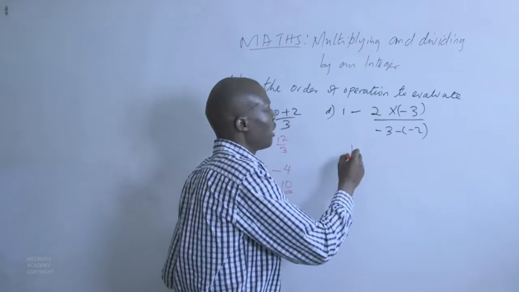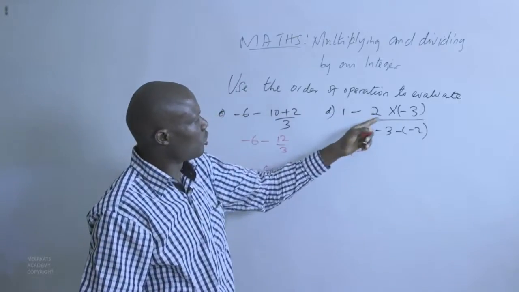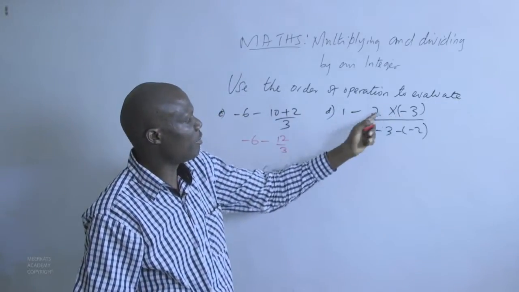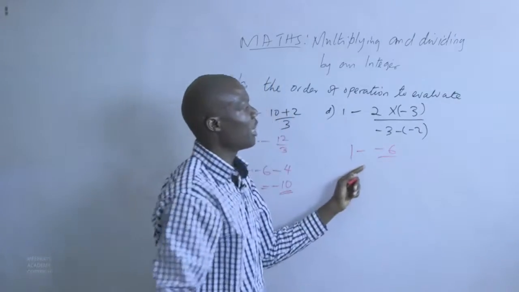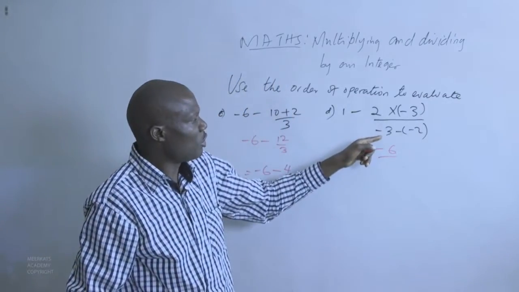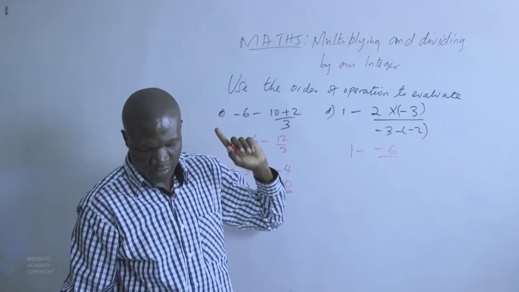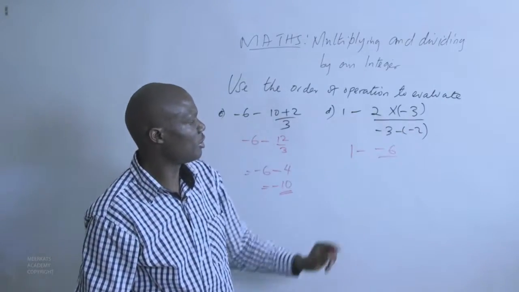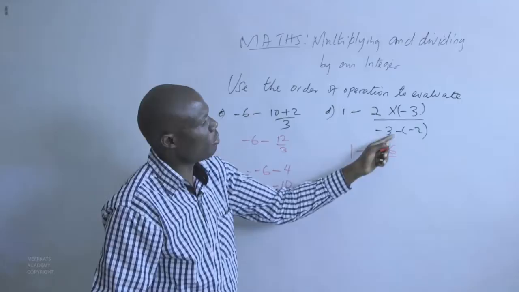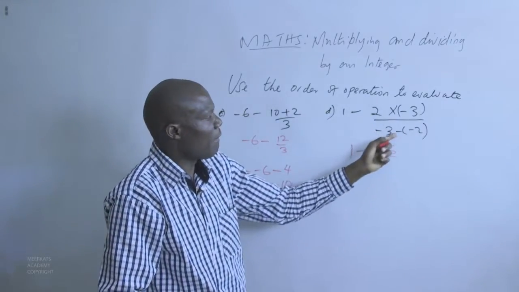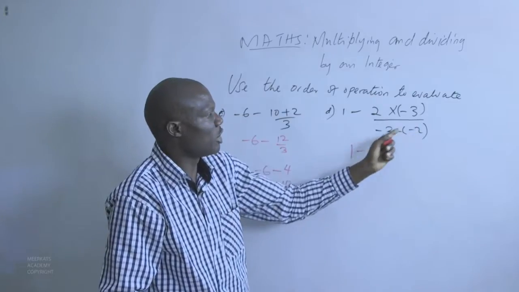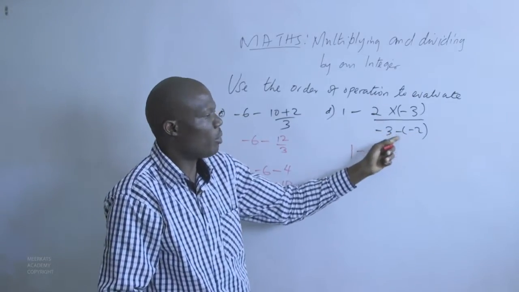So the numerator remains 1 minus 2 times negative 3. They are different signs, so 2 times negative 3 will give us negative 6. Here, negative 3 minus negative 2 is the same as negative 3 plus 2.